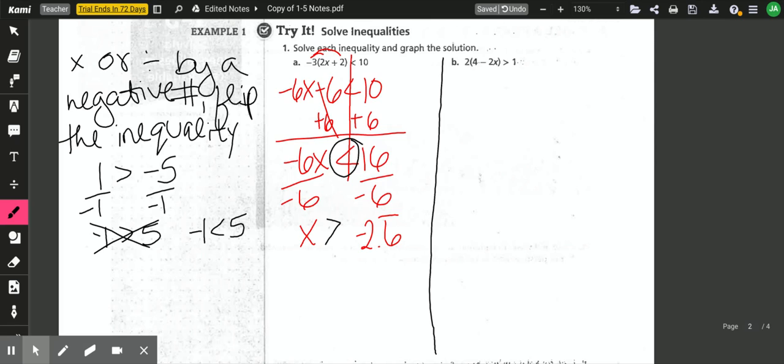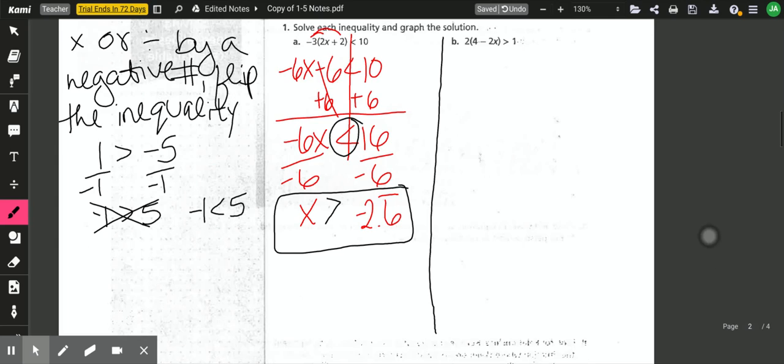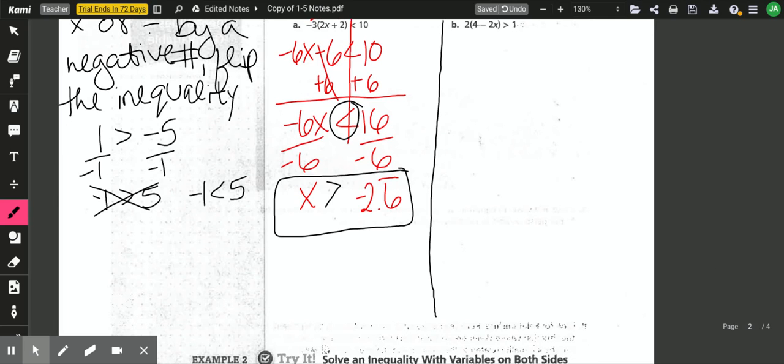Okay. The other thing that is different about how we write our answers here is we're not just writing that x is greater than -2 2/3. We also have to graph our answer on a number line. Okay, so let me show you how I'm going to do that. So it involves two things.